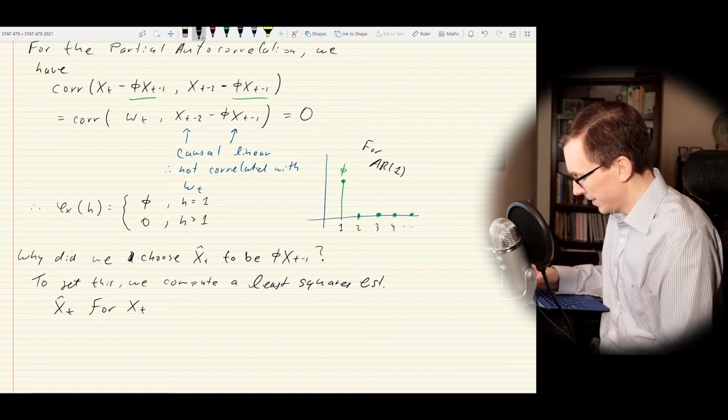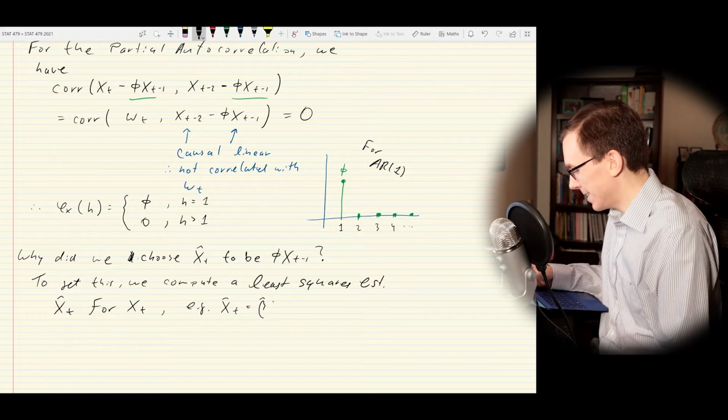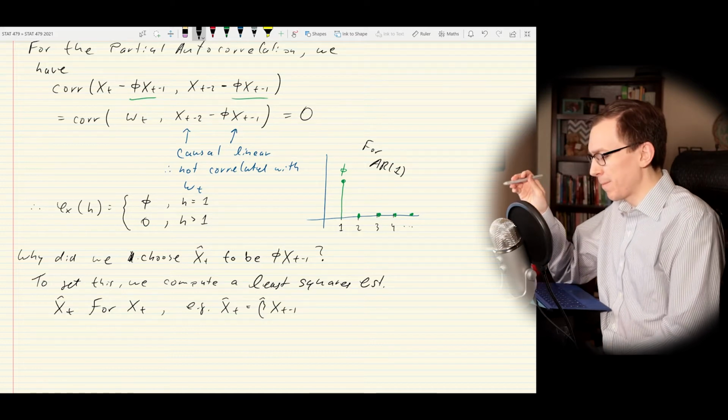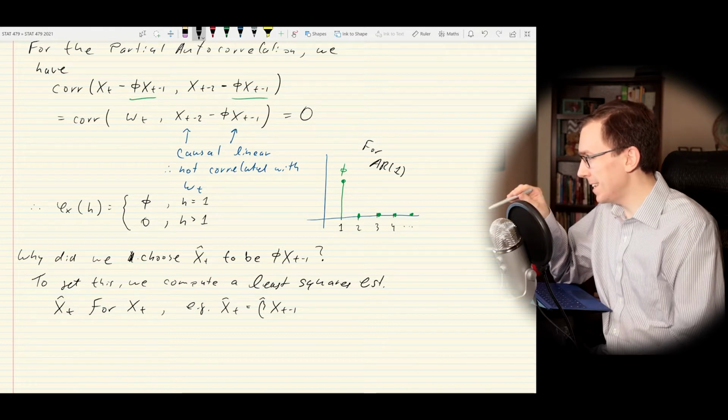So, for example, we would have something like x_t hat is equal to beta hat times x_{t-1}, right? Because we're trying to use x_{t-1} to predict x_t.